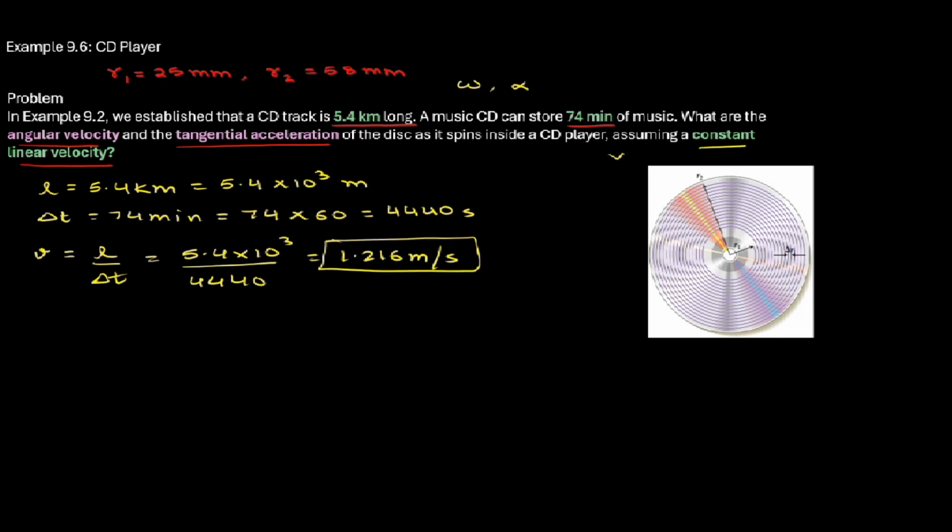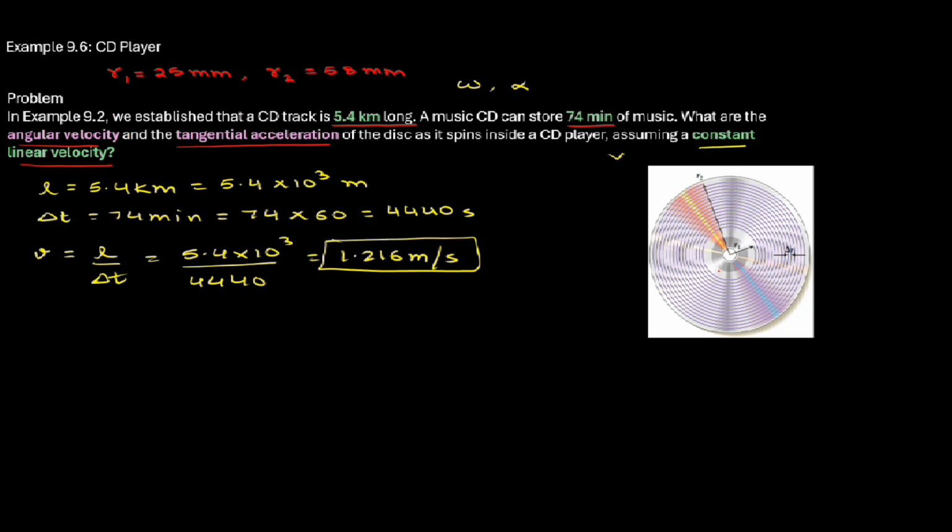Now the CD is a spiral, starting with an inner radius R1 of 25 millimeter and reaching an outer radius R2 of 58 millimeter. These values of R1 and R2 were given in example problem 9.2, and I have taken these values from that problem.